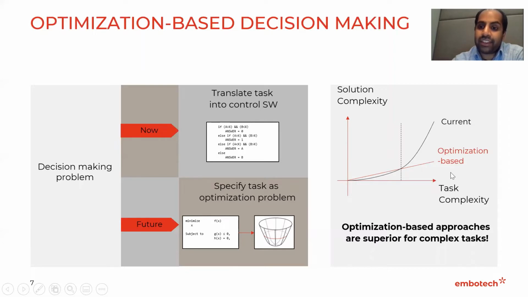But if the task gets very complex, then your solution complexity will exponentially increase. If you have put it as an optimization-based task, it will just linearly increase. So if you have these very complex problems, it is much easier to solve them with optimization-based methods compared to the ones that are currently available.